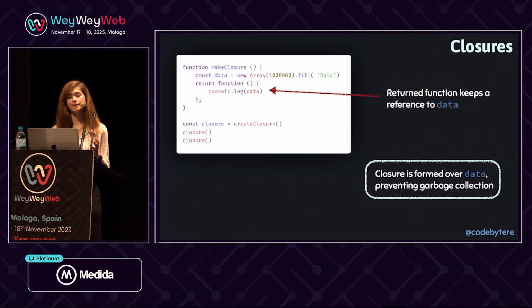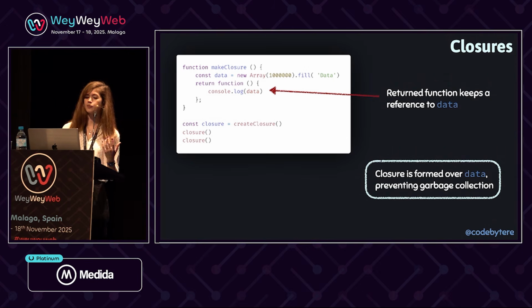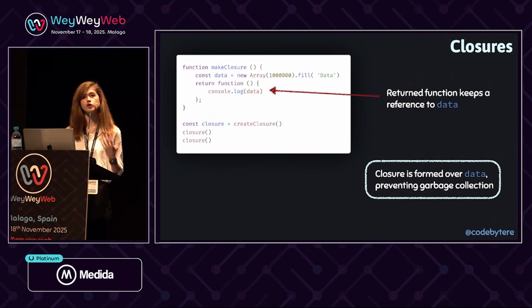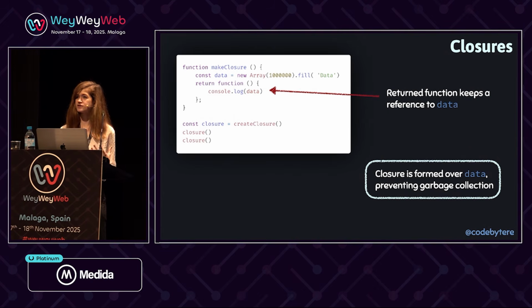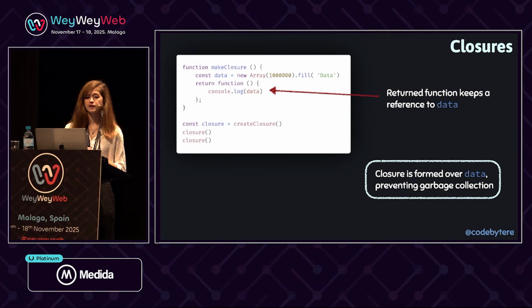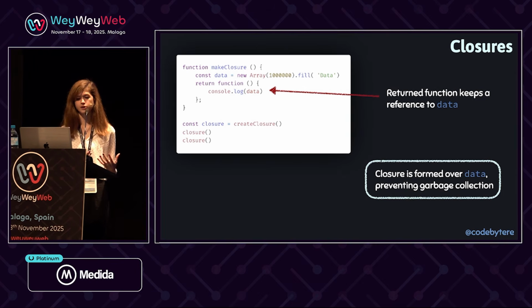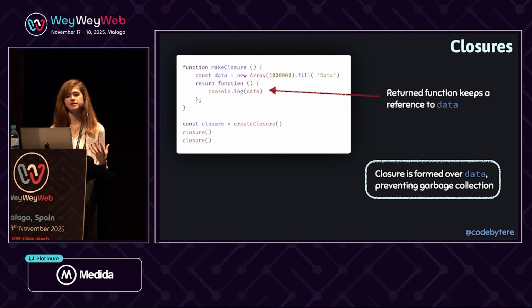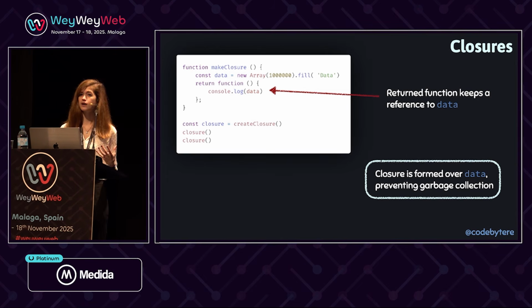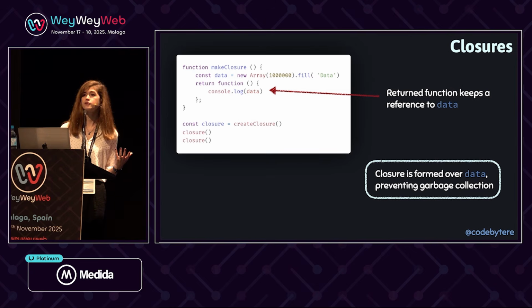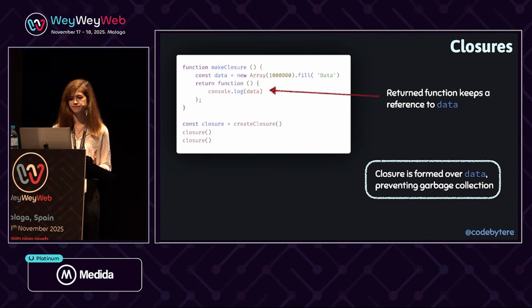Next up, we've got bad closures. In this example, makeClosure creates a large array called data and then returns an anonymous function that logs that to the console. This returned function forms a closure, capturing the data variable in scope. Since the function keeps a reference to data, the array won't be garbage collected, even after makeClosure finishes executing.